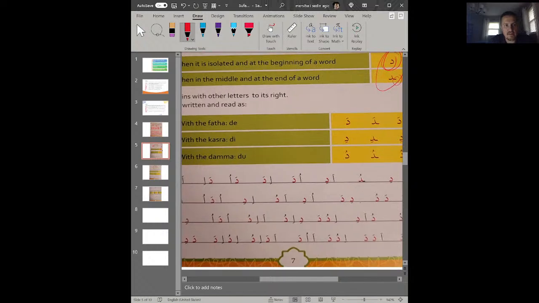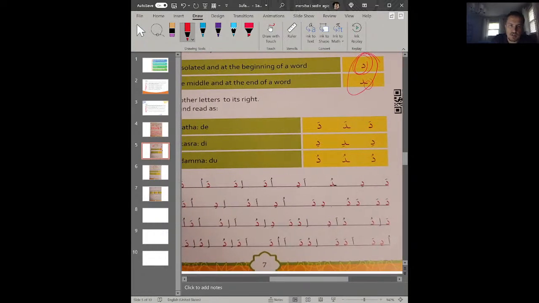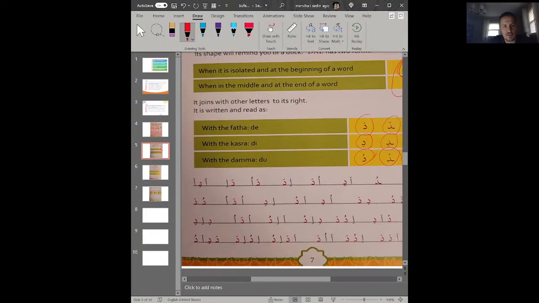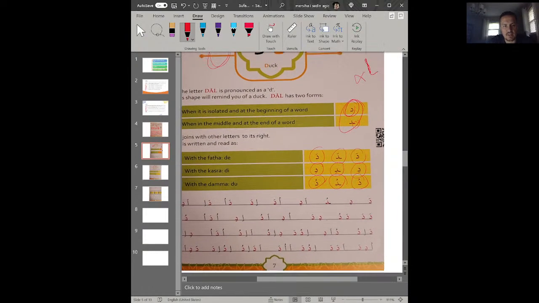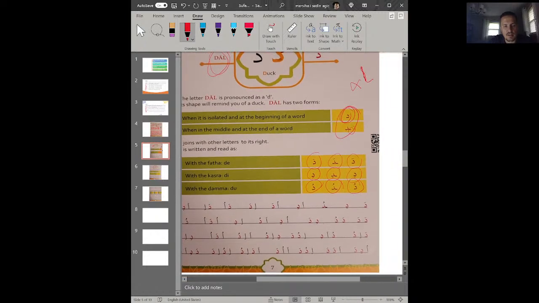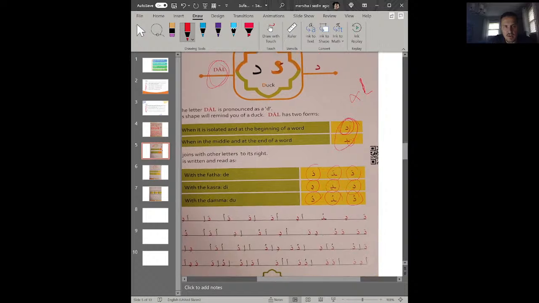When we have Fatha, Kasra, Damma, we see the example Da, Da, Da, Di, Di, Di, Du, Du, Du. That's how we pronounce. If you add Alif to this one, it will be Da, Id or Ud, depending on the word.